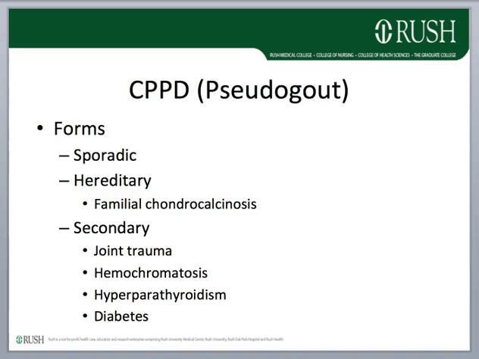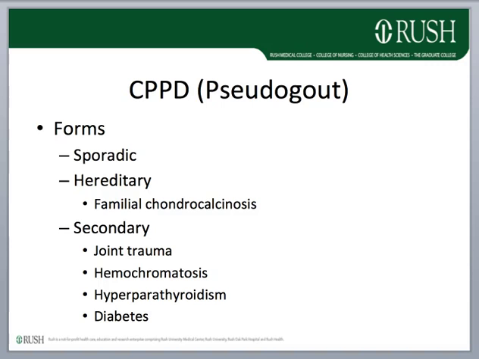Familial chondrocalcinosis is typically manifested as an autosomal dominant inheritance and by the occurrence of clinical disease earlier in life compared to the sporadic form. Joint trauma, including prior joint surgery, is a demonstrated risk factor for the development of subsequent CPPD as a secondary cause.